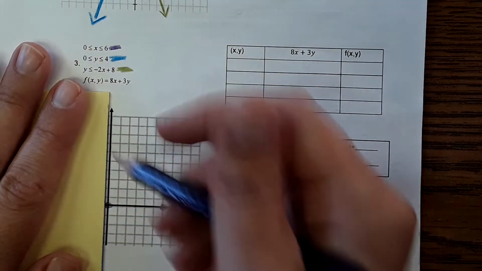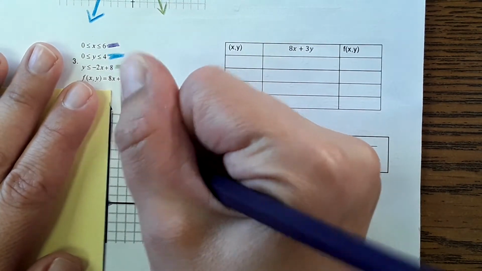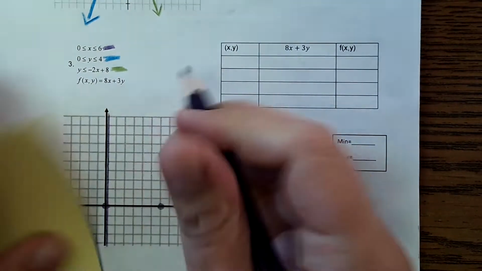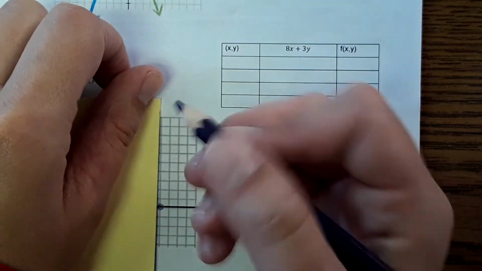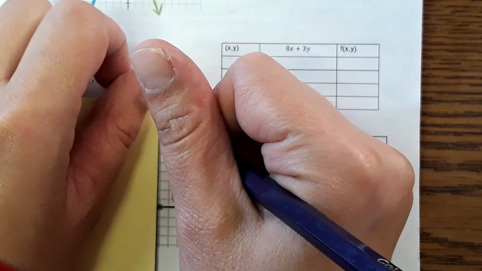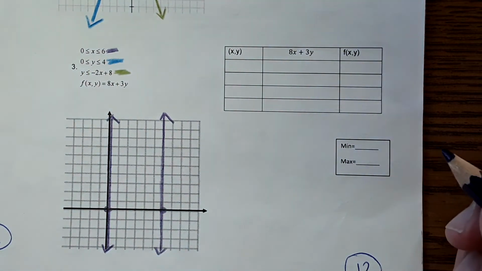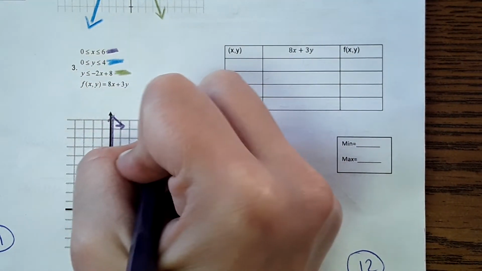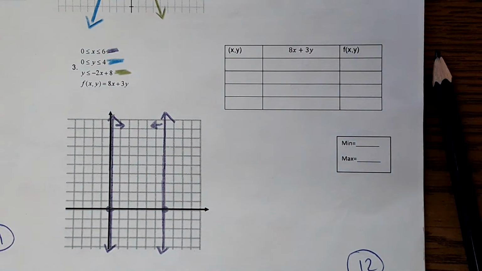So making a line at 0. And in between 0 and 6, so this would go this way and this way.